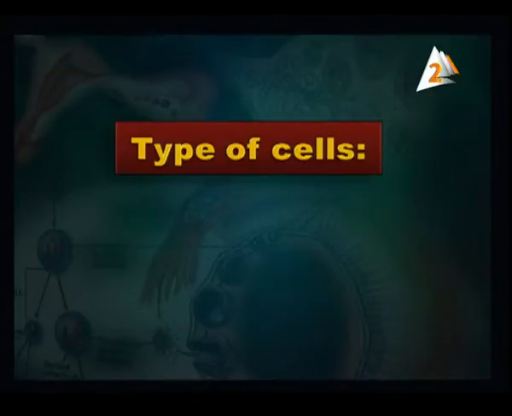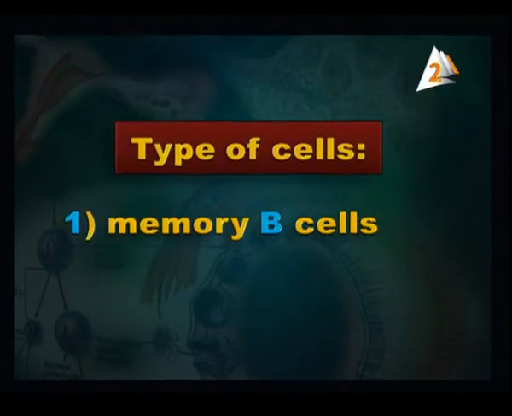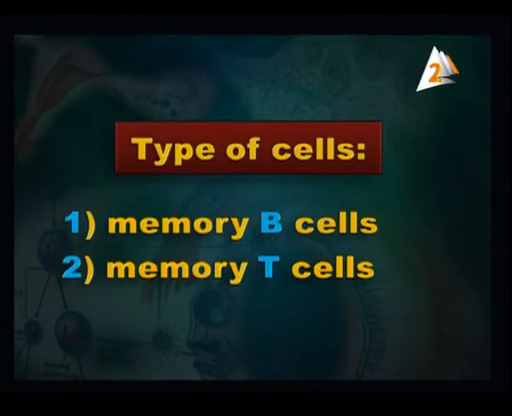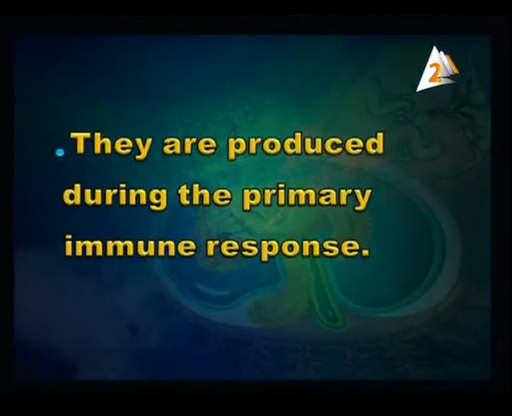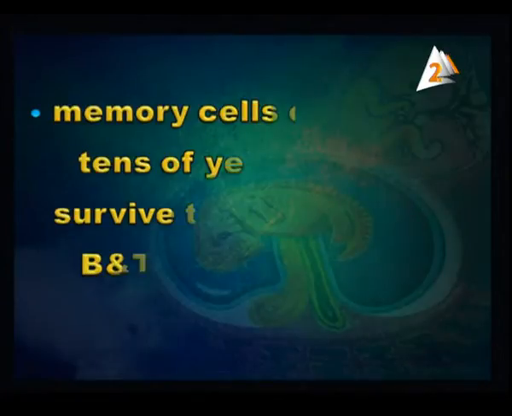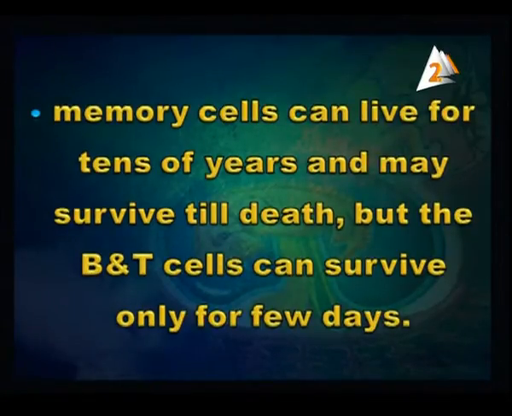The memory cell has two types, the memory B cells and the memory T cells, and they are produced during the primary immune response. Memory cells can live for tens of years and may survive till death, but the B and T cells can survive only for a few days.